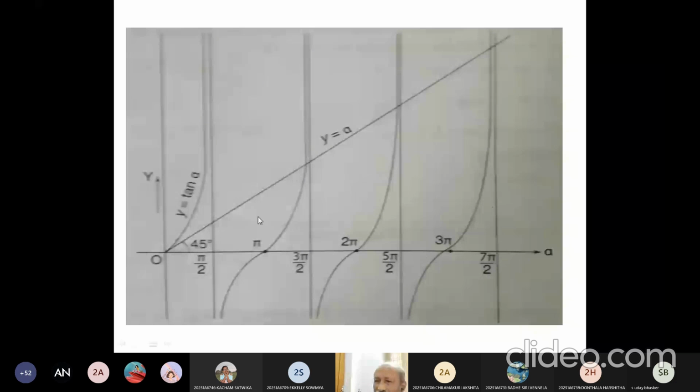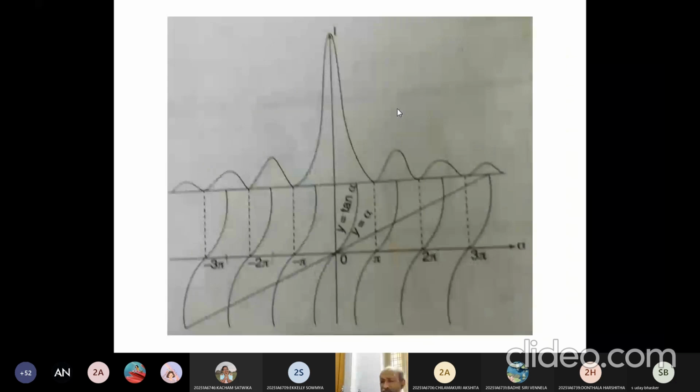So y is equal to alpha and y is equal to tan alpha are very close at 3 pi by 2, and again at 5 pi by 2. These are the conditions where you get secondary maxima, which is explained here.